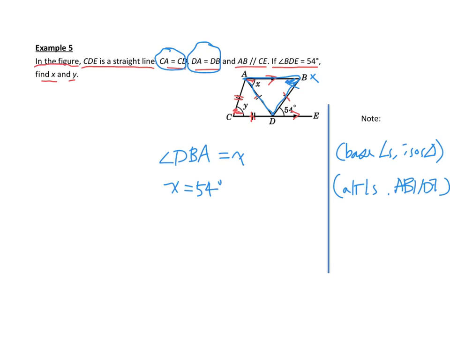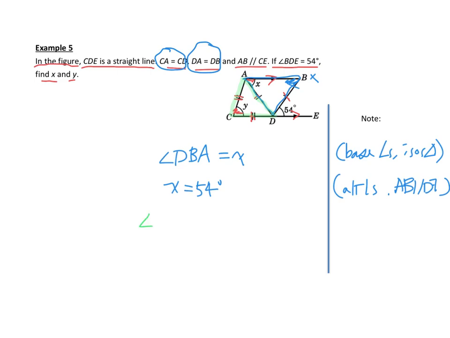If we go to the second part, then we need to find y. We can see that y actually is in triangle ACD, which is also an isosceles triangle, so the base angles should also be equal. But we can see that there is no label for the base angle, so we need to mark it.